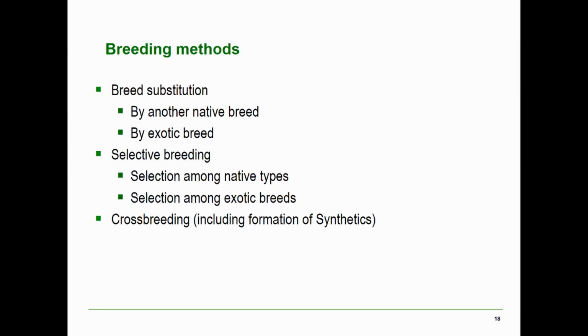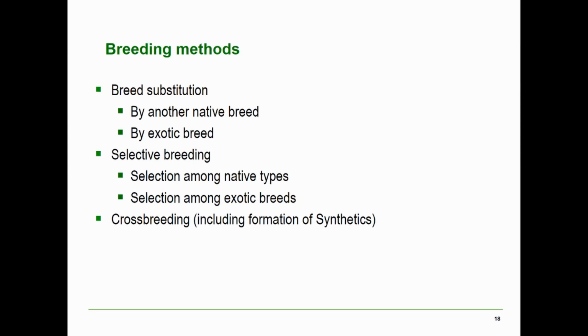Or we can go for a combination of these two approaches, which is of course crossbreeding. We can take the native breed and the exotic breed and start crossbreeding programs, and we have crossbreds of various levels, and we can try to find out what is the best scenario for our purpose.